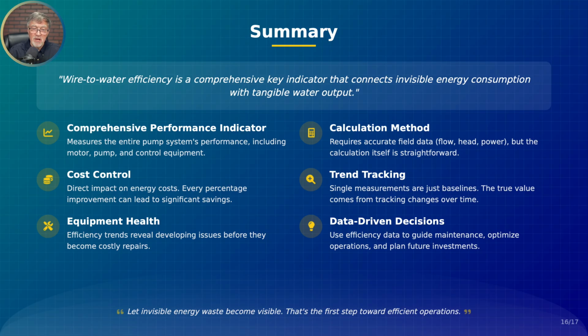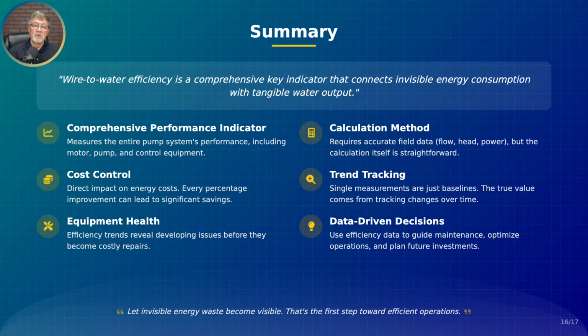The calculation method requires accurate field data, the flow, the head, the power, but the calculation itself is pretty straightforward. You just need to have accurate data. So make sure your instrumentation is calibrated so that you're getting that accurate data you need. And once again, I've been emphasizing this as we go along. The trend tracking is really what's important here. The single measurements are just baseline.